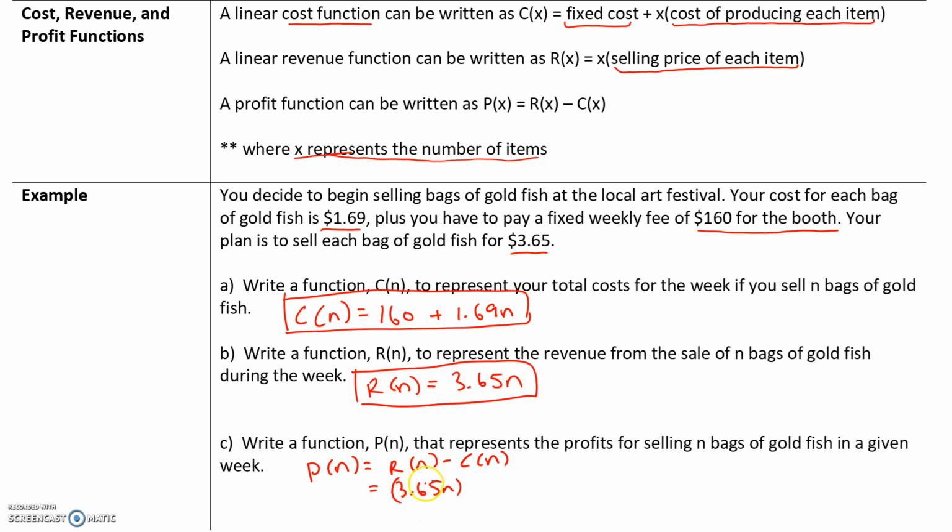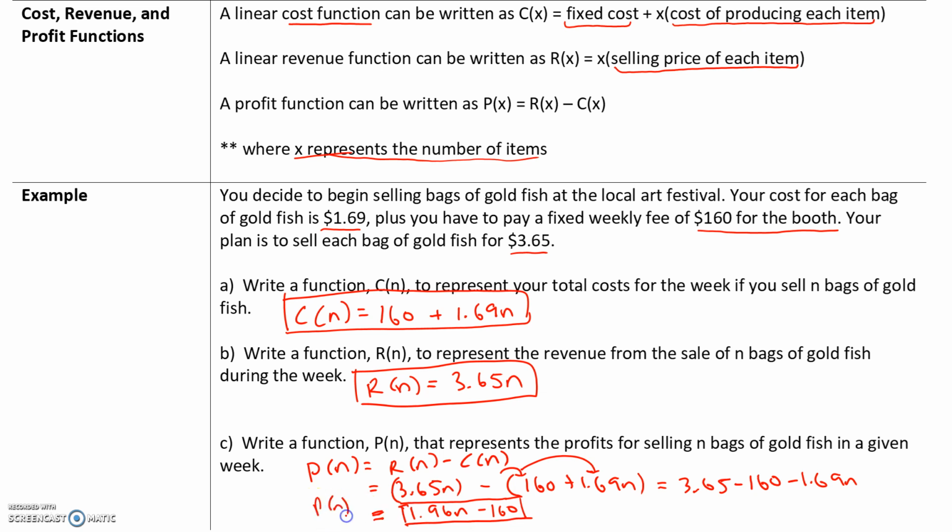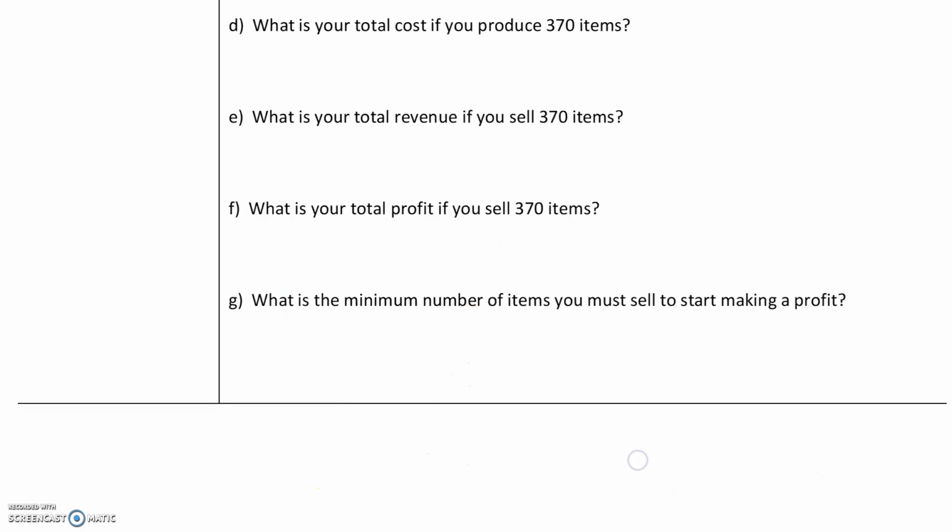Always use parentheses when you replace a variable with an expression, minus the cost function, which is 160 plus 1.69 n. Remember to distribute the negative. So this is going to be 3.65 n minus 160 minus 1.69 n. So our profit function is going to be 1.96 n minus 160. This function here is our profit function, which is revenue minus cost.